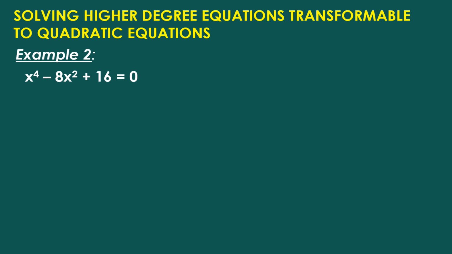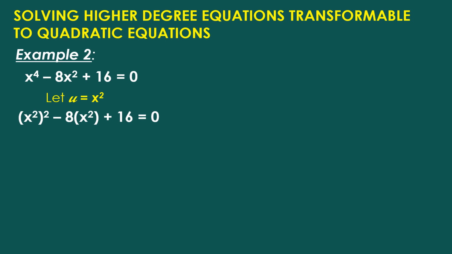But how are we going to do that? First, we let u be equal to x squared. So if u is equal to x squared, then we can change x raised to 4 to x squared raised to 2. Negative 8x squared will be changed to negative 8 times x squared, plus 16 equals 0.